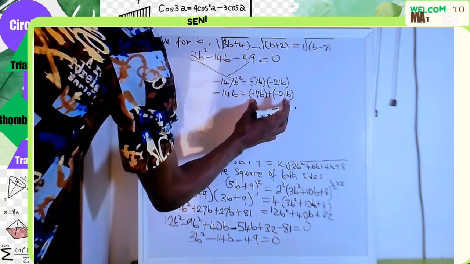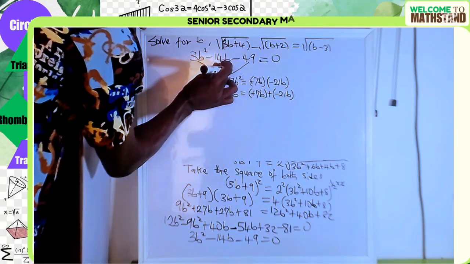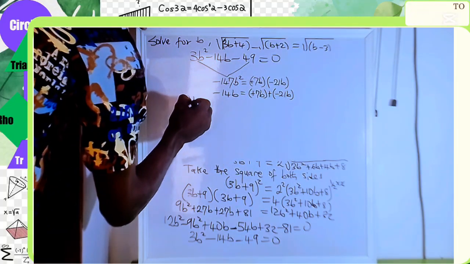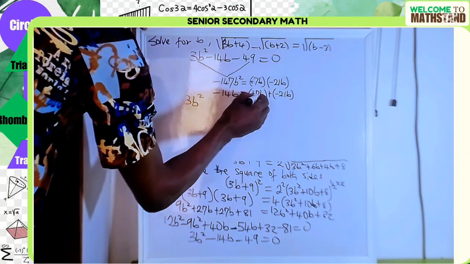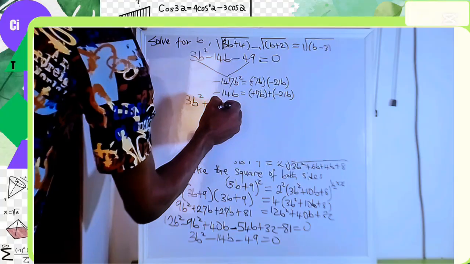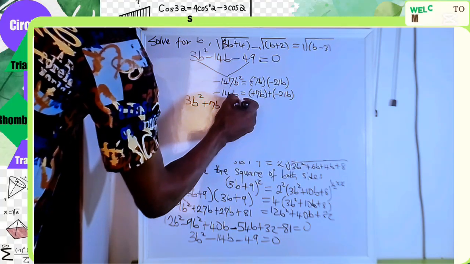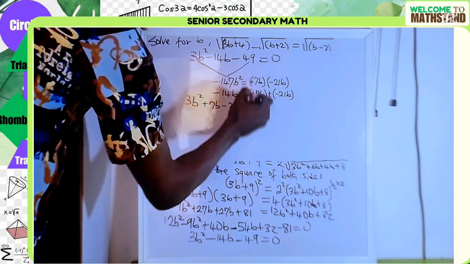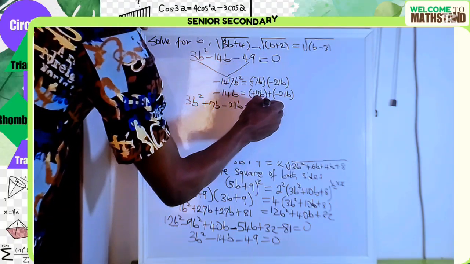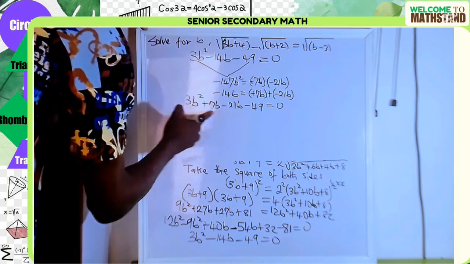So we now replace the minus 14b. We have 3b squared plus 7b minus 21b minus 49 equals 0. At this point, the common thing here is b.